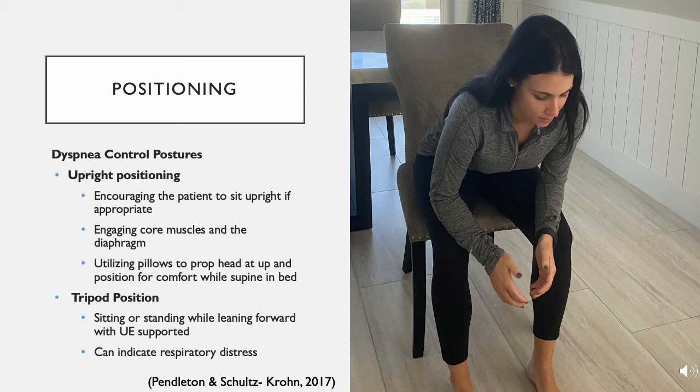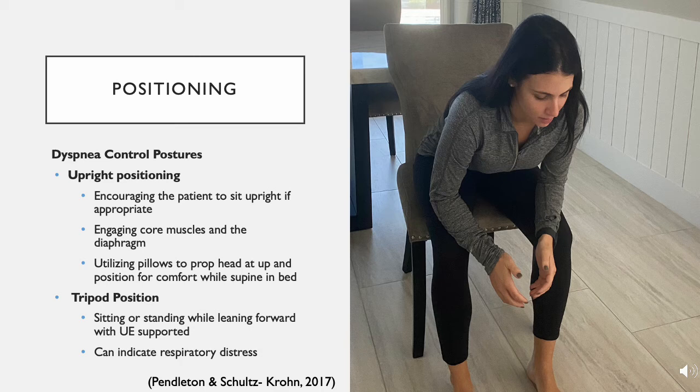And with tripod position, this is a common position noted when individuals are in respiratory distress, and that is the photo of me on the right. So kind of be aware of this position, and if patients are showing this sign during a treatment session.